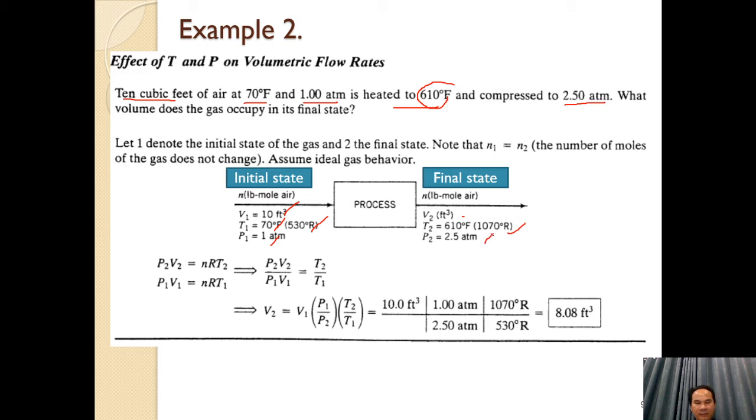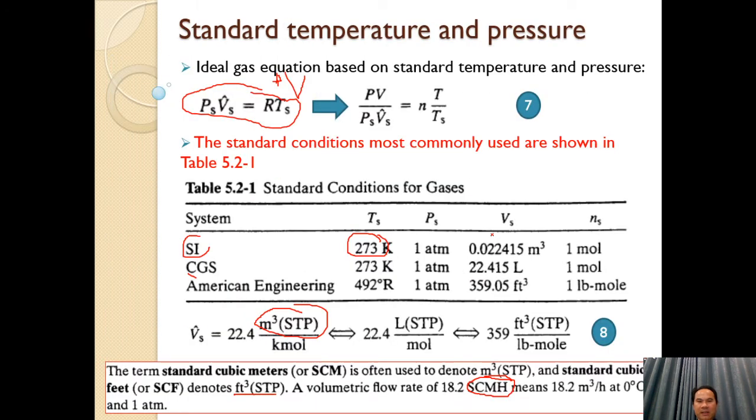For this case, you can compare from the first state to the second state, the initial state with the final state. It is the same technique as when you compare with the standard. We have two states, standard and actual. If you know standard, you can calculate actual.